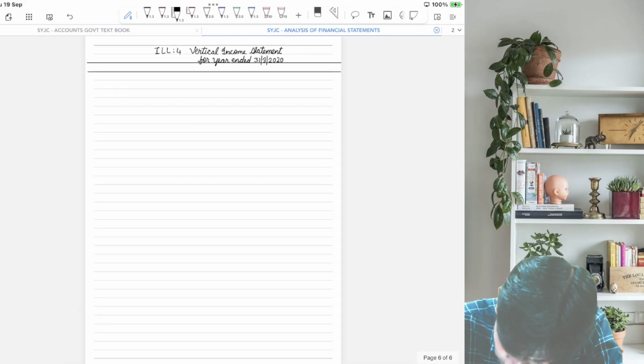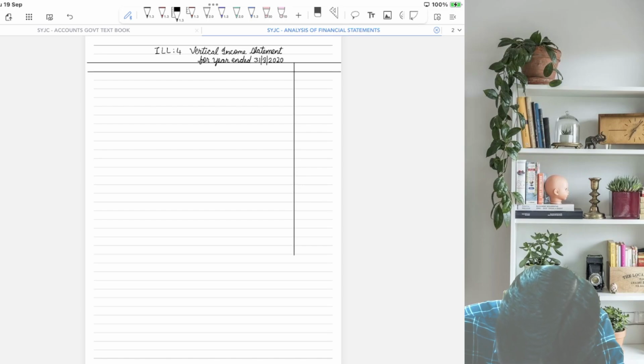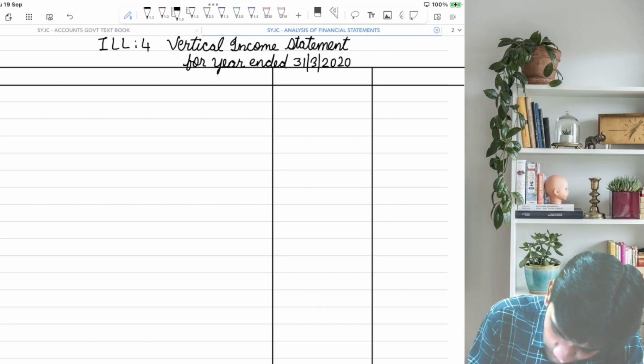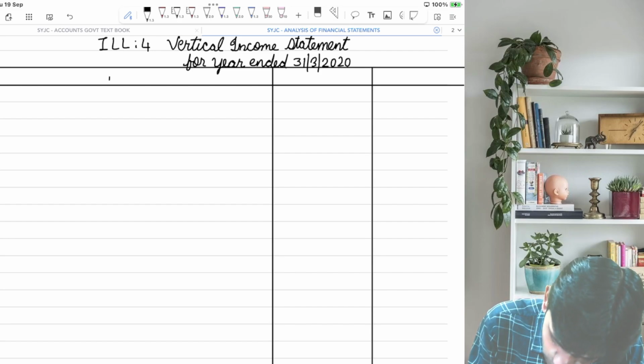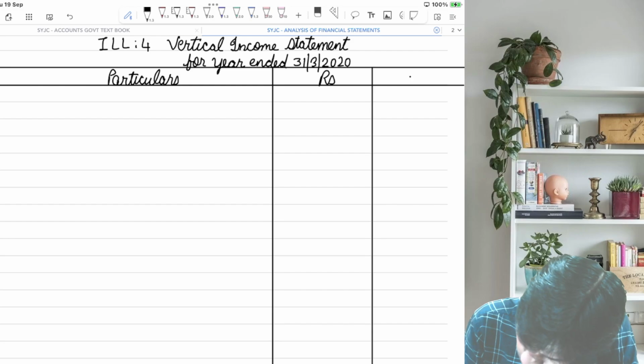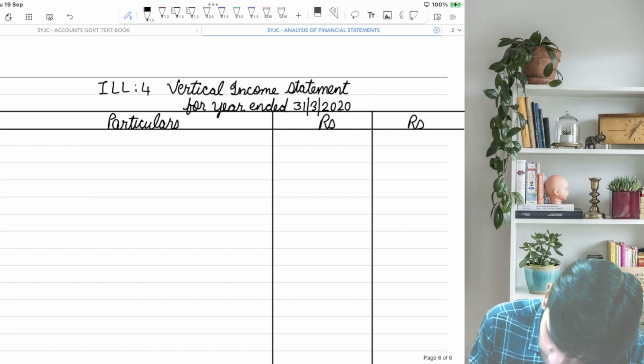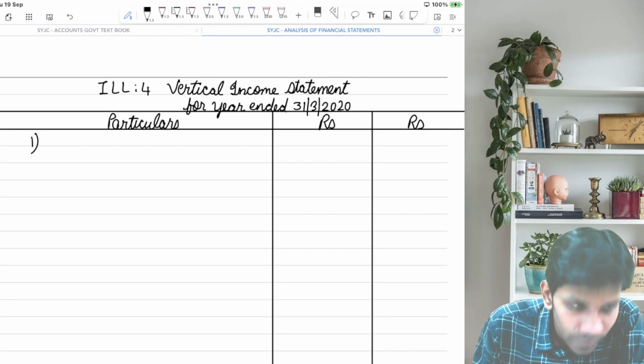I hope, guys, you are understanding it and this will be very helpful. Let's start preparing the same way as the previous one. This will be my particulars and rupees. Let's start with number 1, income.